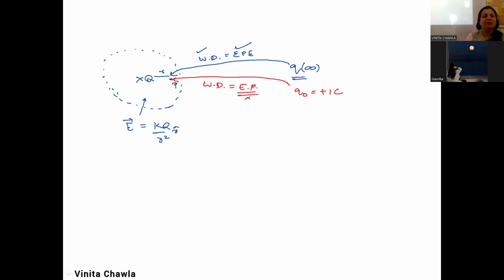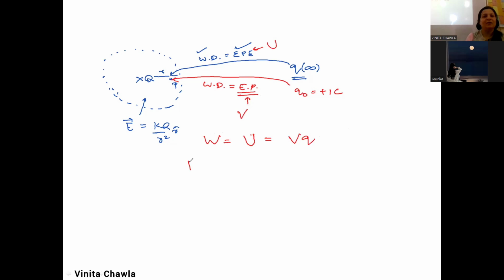So electrostatic potential is denoted by V, and electrostatic potential energy is denoted by U. And we say that W, the work done, is equal to the electrostatic potential energy, and electrostatic potential energy is equal to V into Q, or QV.